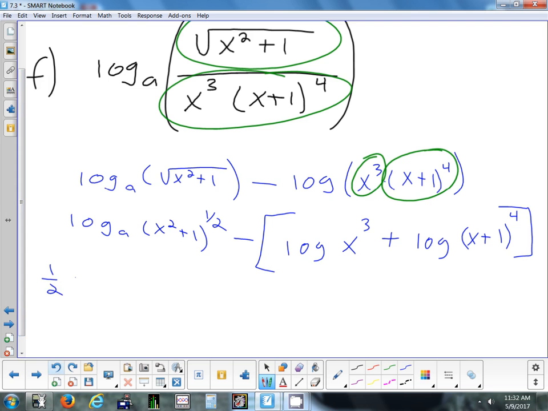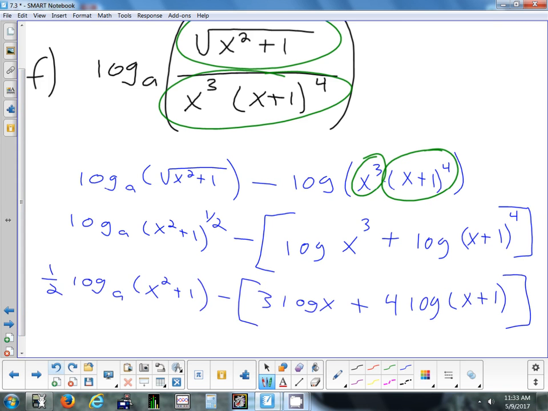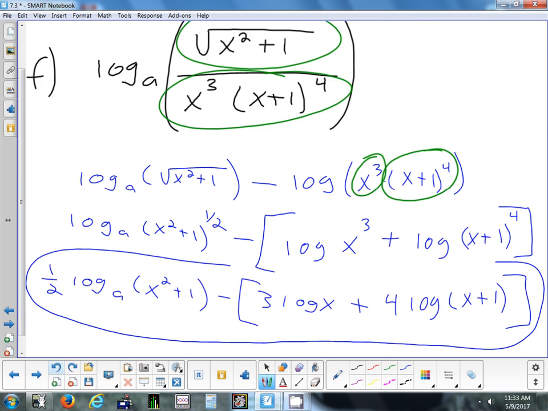So 1/2 log base a of x squared plus 1, minus 3 log x, plus 4 log x plus 1. And that's about as complicated of a problem as you can get.